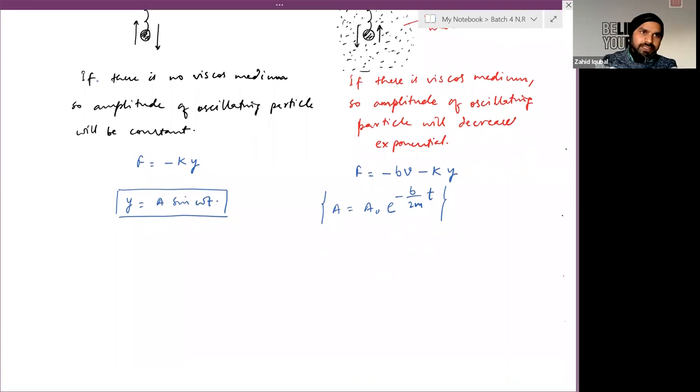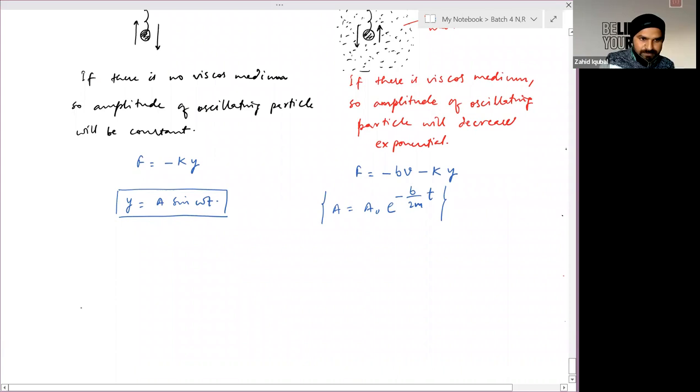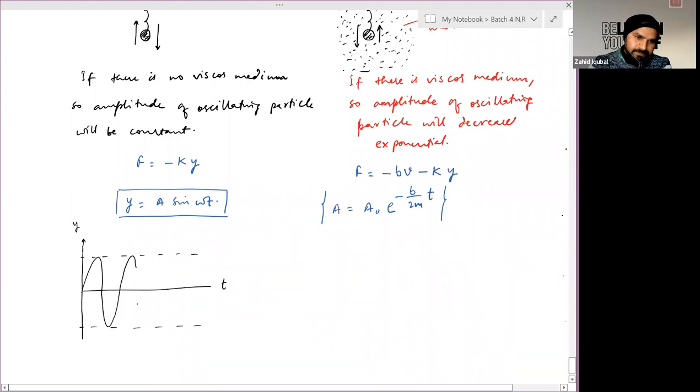If I plot a graph related to this part, since the amplitude of the oscillating body is constant, the maximum and minimum amplitude will remain the same, like this.